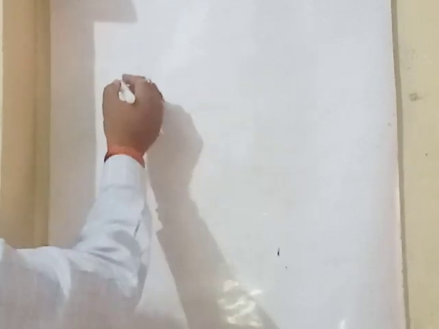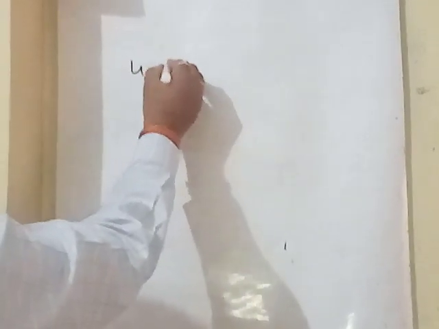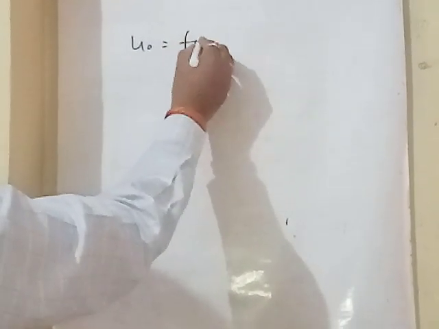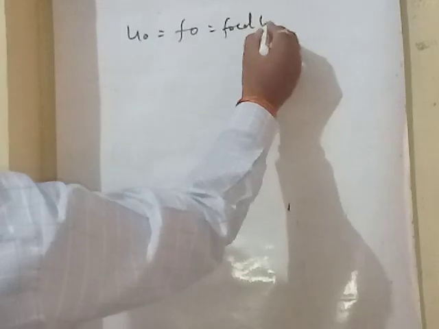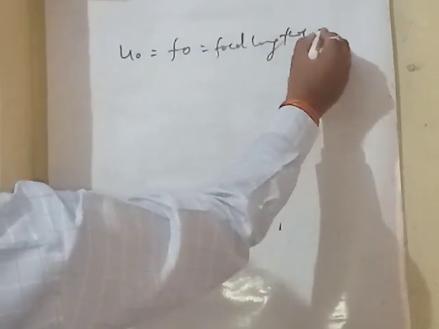When the object is very close to the focus of the objective, UO may be written as UO equal to FO, the focal length of the objective.